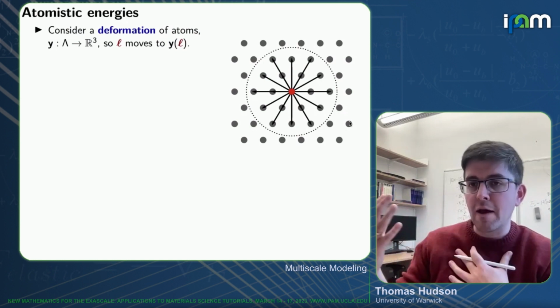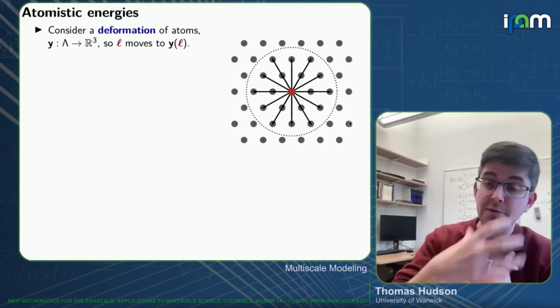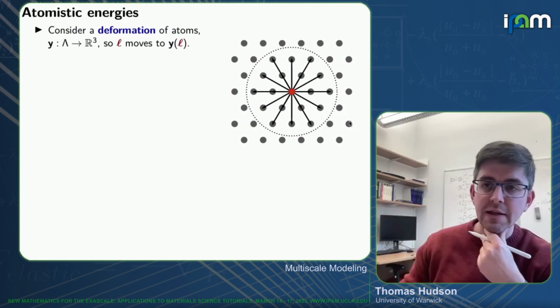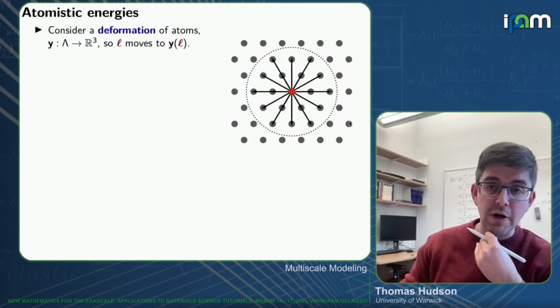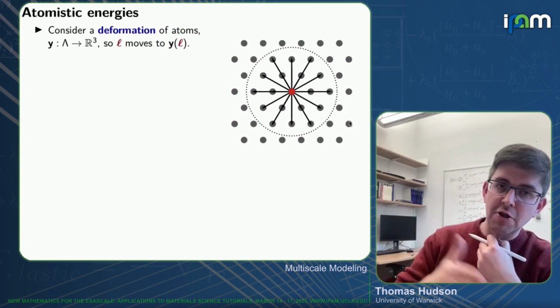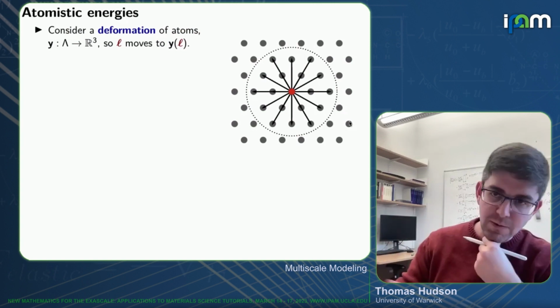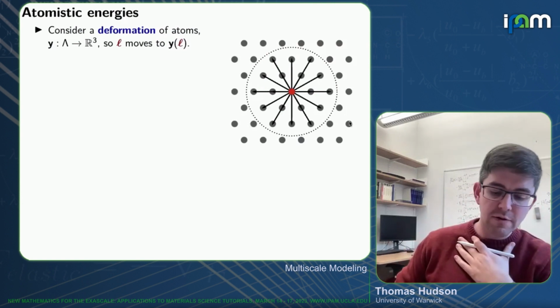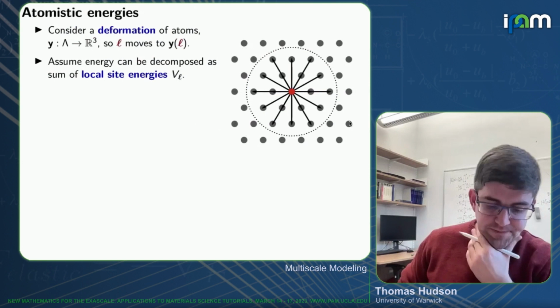And then think about how the atoms in that structure are deformed under some, say, elastic strain. So I might take points in the reference atomistic structure and move them to new positions in 3D space. And this is what I will call a deformation map for atoms.